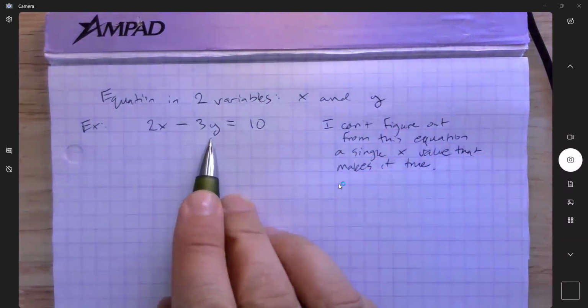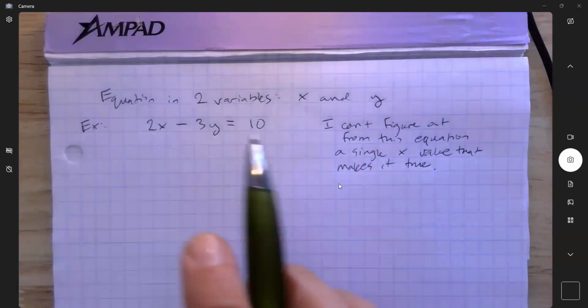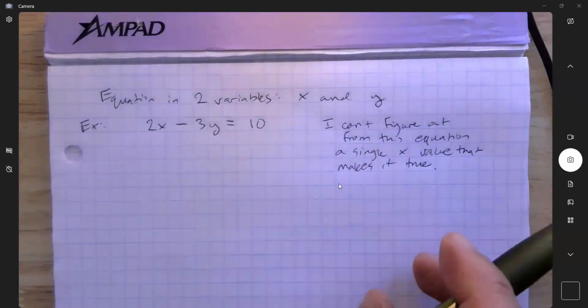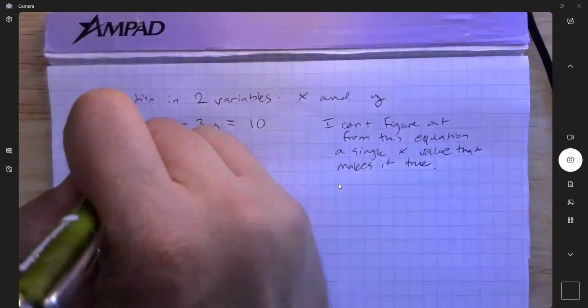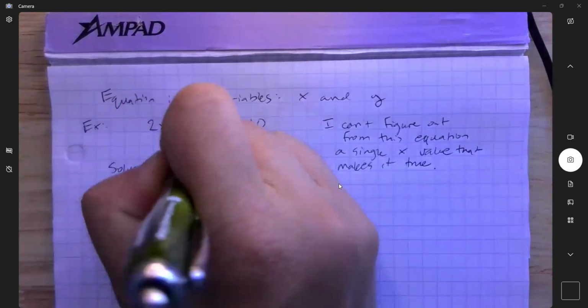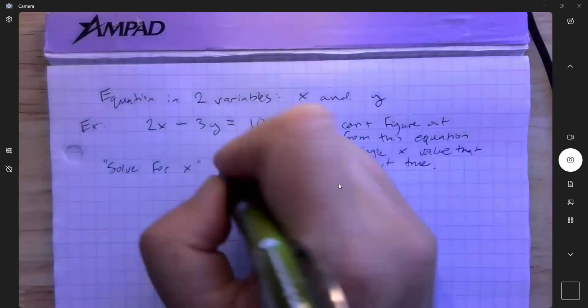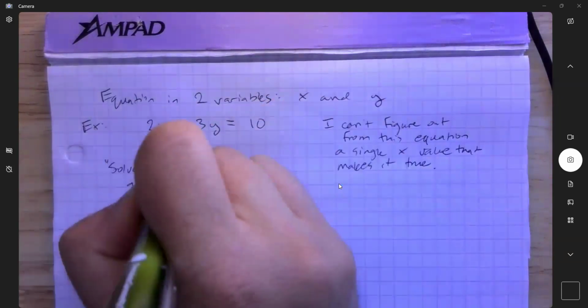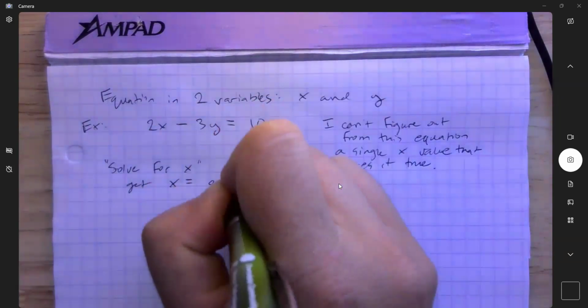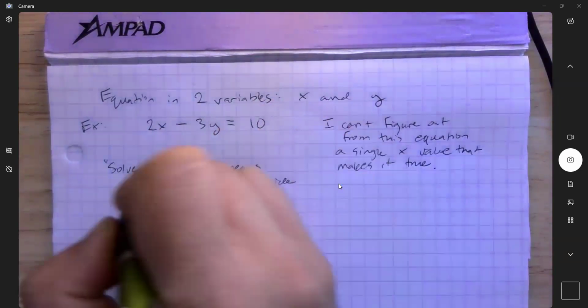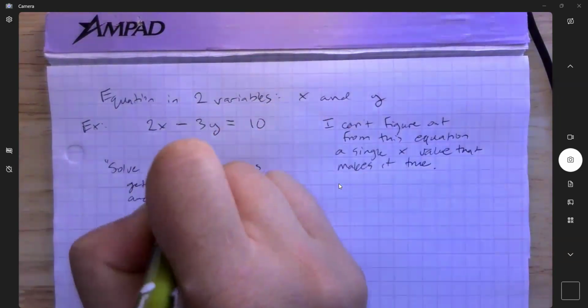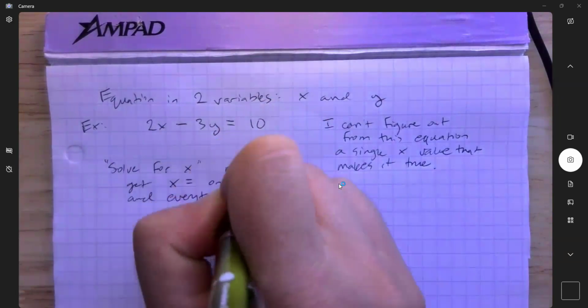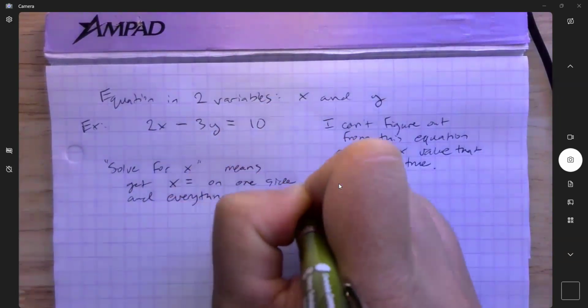But what I can do is I can write it so that x is all by itself on the side. So solve for x means get x equals on one side and everything else on the other.